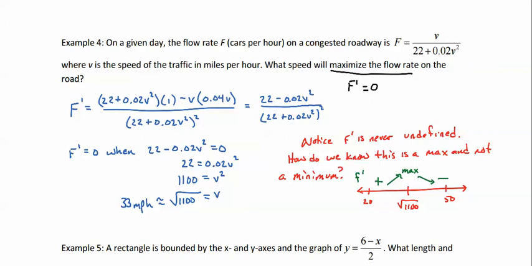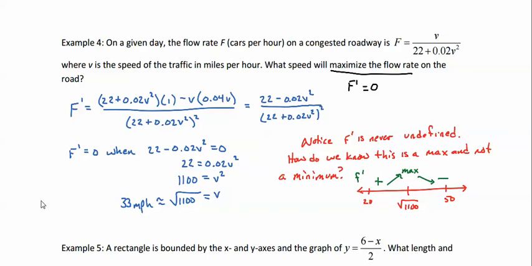The great news is, just like in our distance derivative previously, if I want to set the derivative equal to 0, I really only have to focus on the numerator. Set the numerator equal to 0. The rational expression will be undefined when the denominator is 0, and in this case it doesn't happen, so we don't have to worry about it.